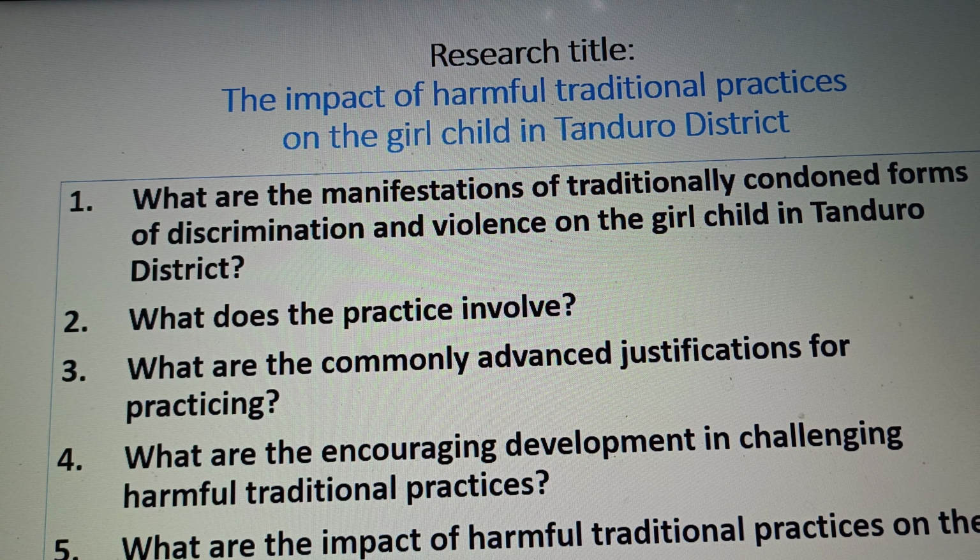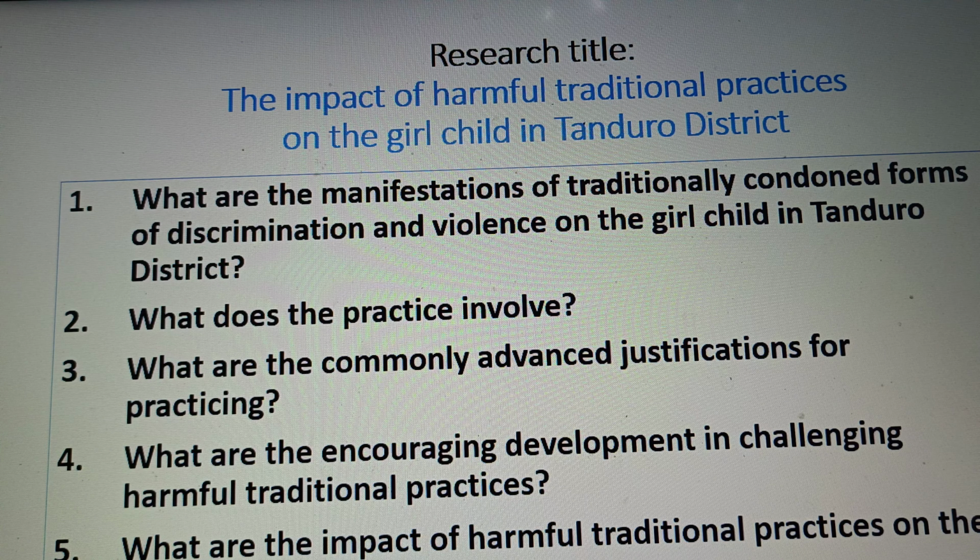The second basic research question that the researcher wants to emphasize is, what does the practice involve? There are many practices that take place regarding harmful traditional practices. So what do those practices involve? What are those practices, in other words?